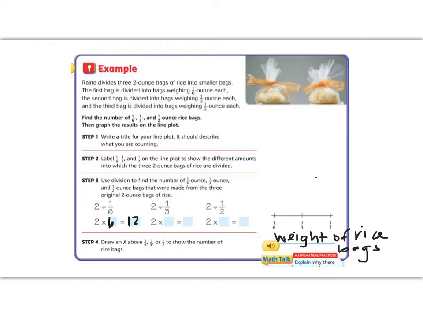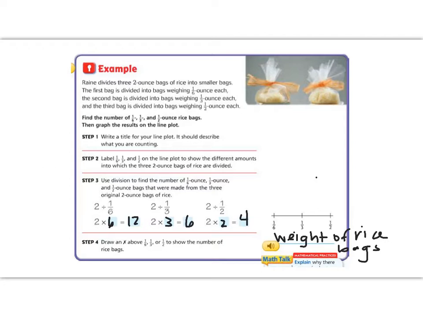Okay, now the same thing with 2 divided by 1/3. If we take 1/3 and we flip it upside down, 2 times 3 is 6. And lastly, 2 divided by 1/2. So we keep, flip, change, and that would change 1/2 into a 2, and 2 times 2 is 4.